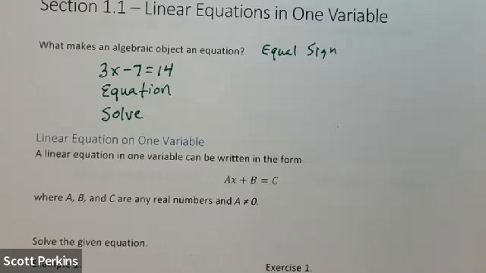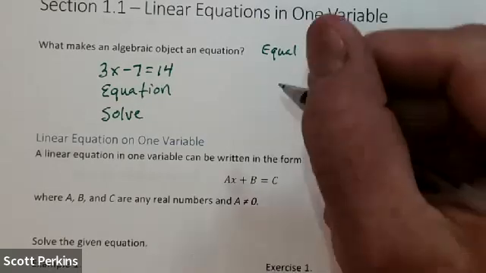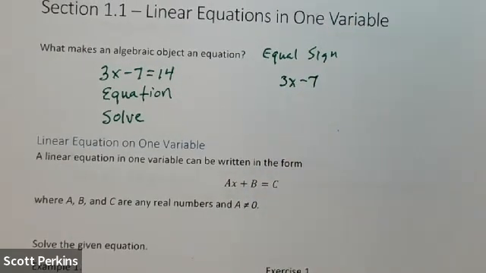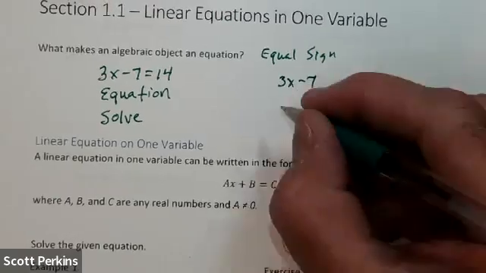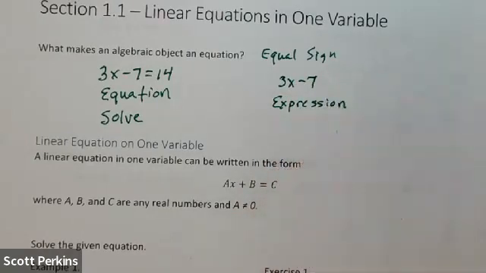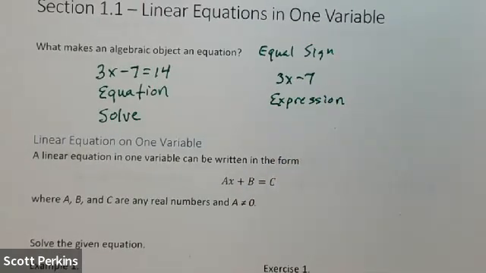Now, when there's not an equal sign, so for instance, if I just leave off the right half of this and I have just 3x minus 7 with no equal sign, we'll see things like this over the course of our semester together as well. This is called an expression. You don't solve expressions. You can't. It's not an equation.